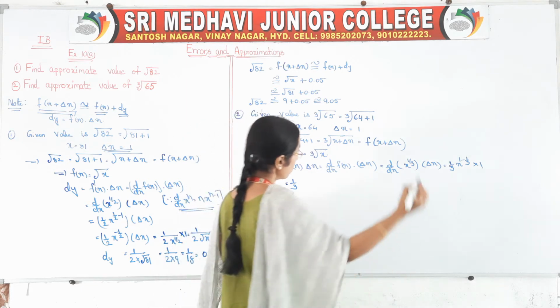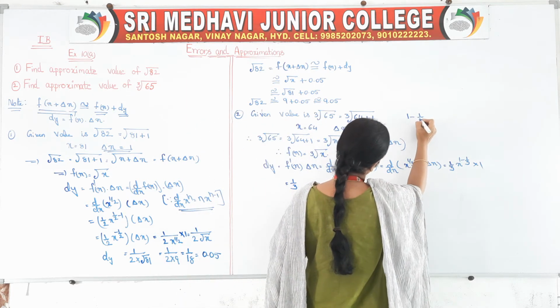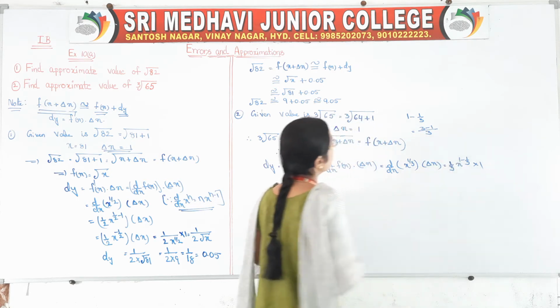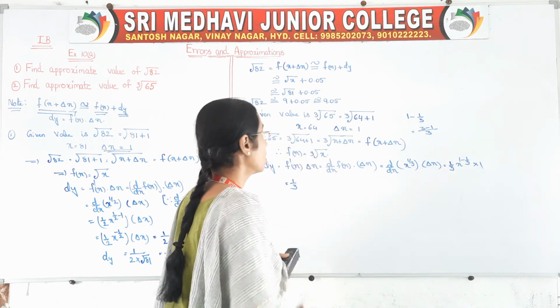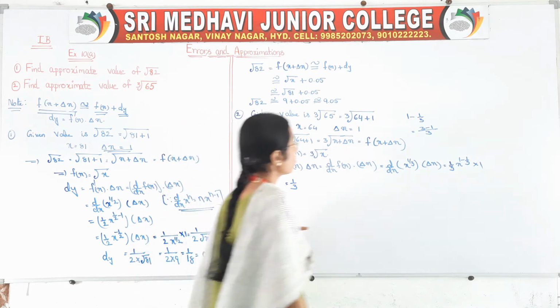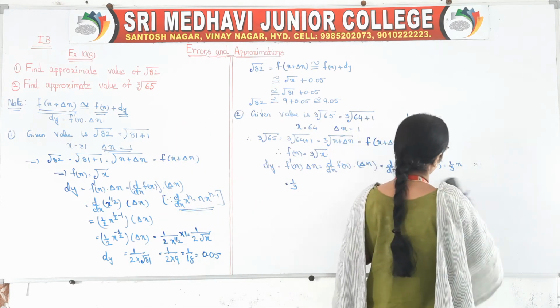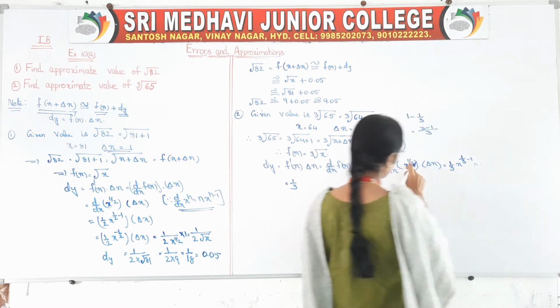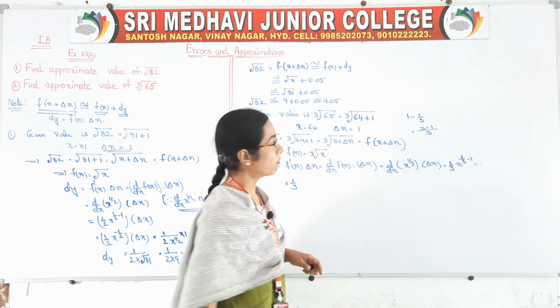So come on, 1 by 3 minus 1. How will we take it? Taking the LCM as 3, 1 minus 3.